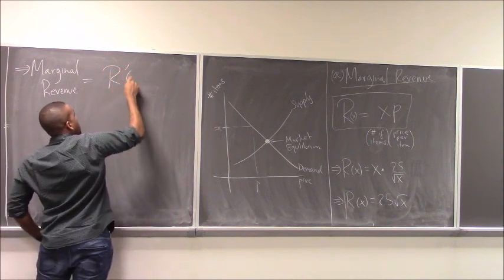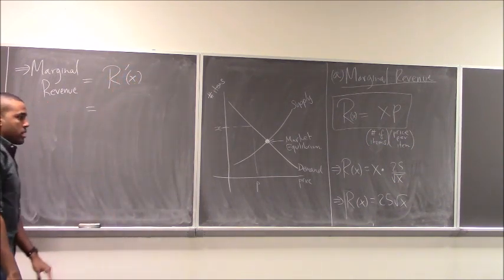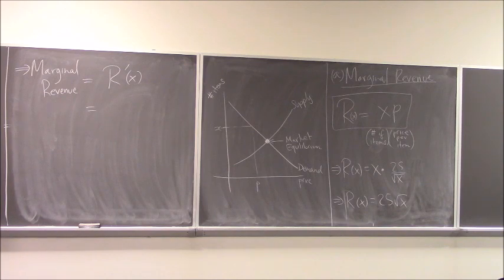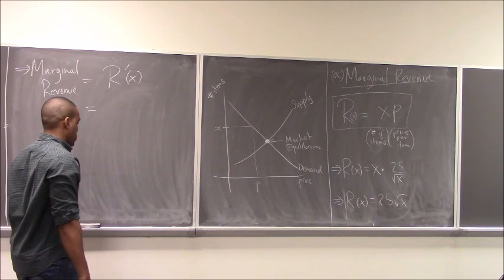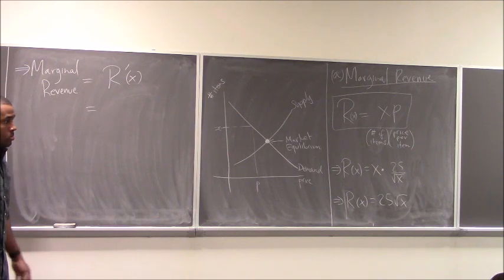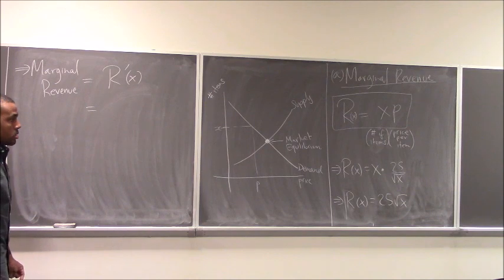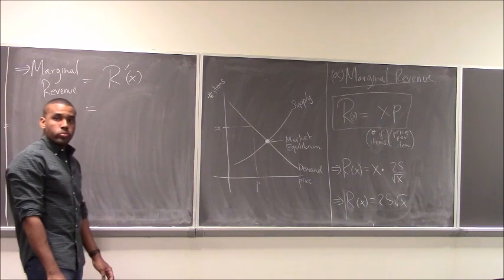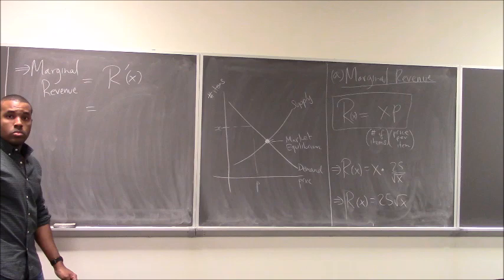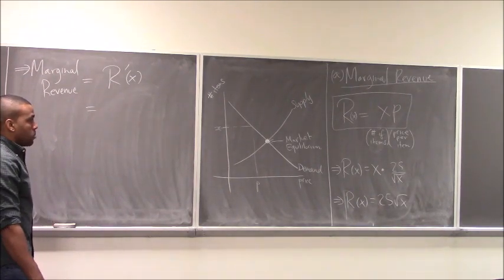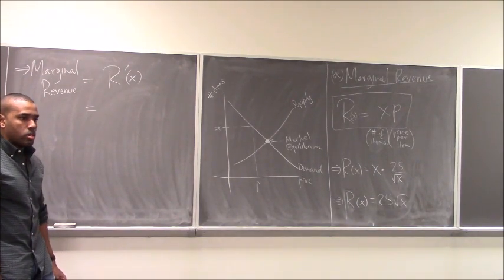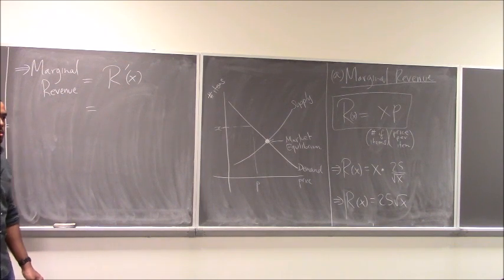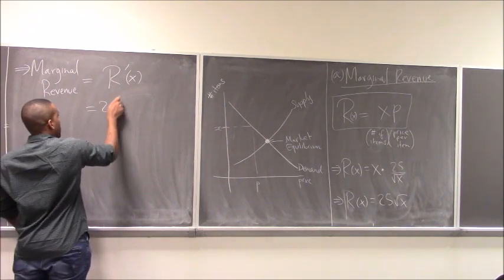And what's the derivative of that function? Derivative of 25 radical X. We can use product rule. 25 is a constant, so leave the constant alone and differentiate the function.